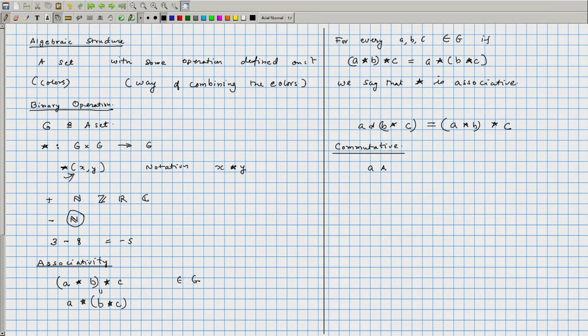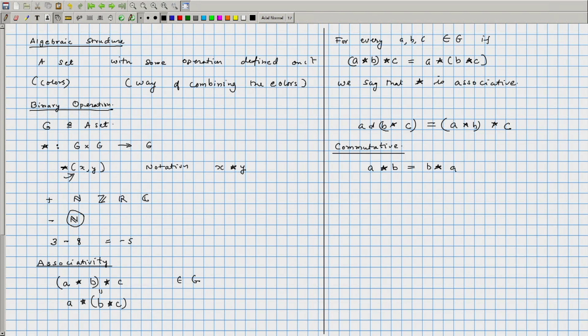A star B is the same as B star A. When we looked at the binary operation, it was taking 2 parameters, and when you talk about 2 parameters, what is the first parameter and what is the second parameter is important, but if it is commutative, then the order does not really matter. A star B is equal to B star A. By our definition of combining colors, we did not really think of it in the functional way, because we wanted this operation to be commutative.